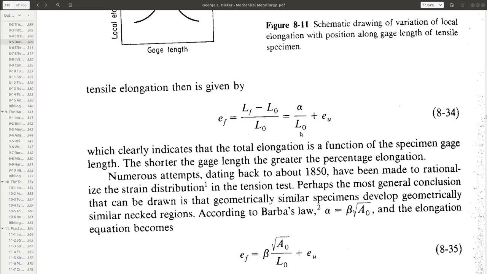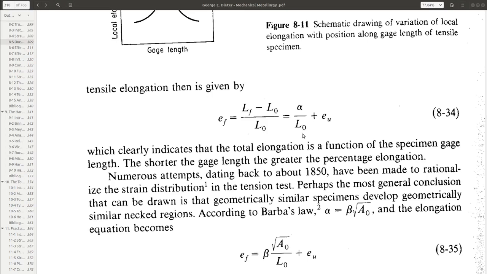Otherwise, for the same material with different gauge lengths, you will get a different EF, and you will be reporting the ductile behavior of the material differently compared to someone else who is using a different L naught. So that's the issue.